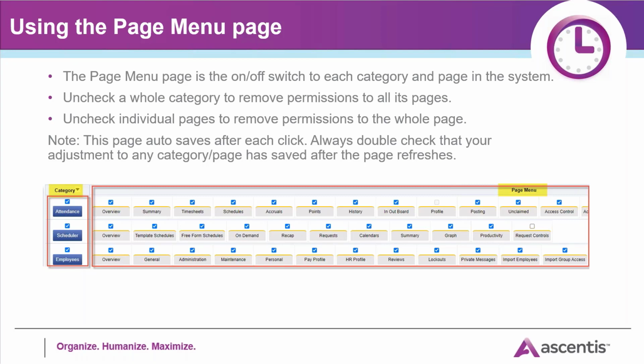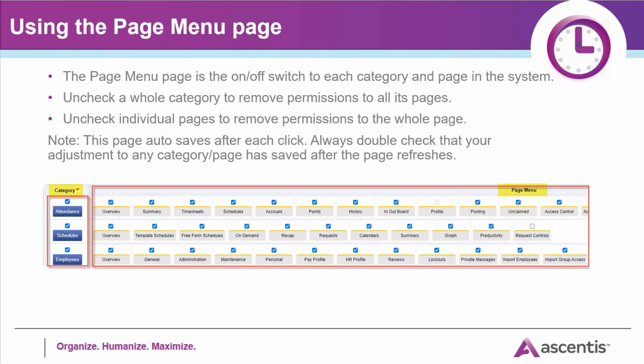Once you activate one of those categories, you'll be able to go to the main part of the page and activate or deactivate the different page options. In our example here, I have all of the pages activated that are possible, except for the request controls in the scheduler. I can't see that page if I'm assigned to this access group.